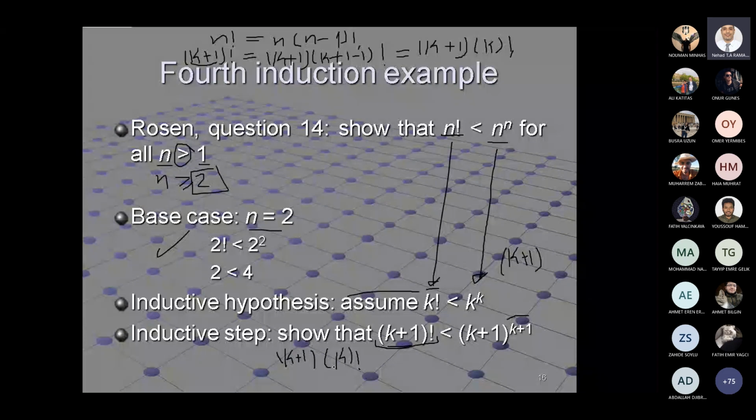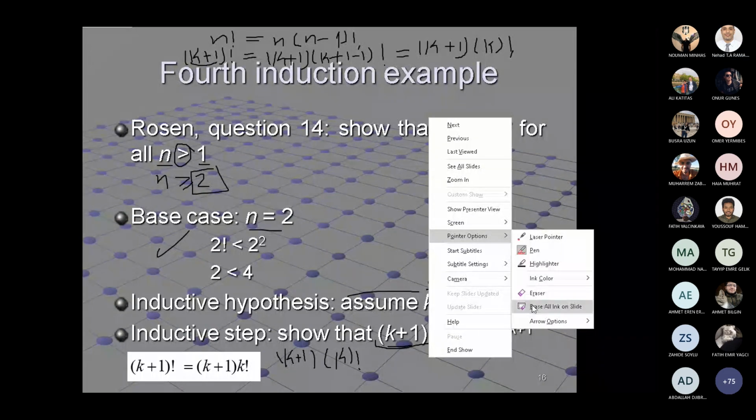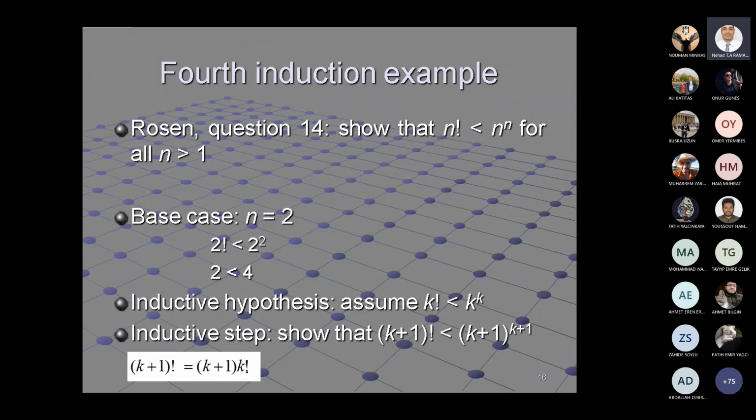Instead of k factorial, we can take this one. But don't forget that it's not equal, it's less than. So k plus 1 factorial is equal to k plus 1 multiplied by k factorial. And this one is less than. Why do we write less than? Because instead of k factorial, we will take k to power k.